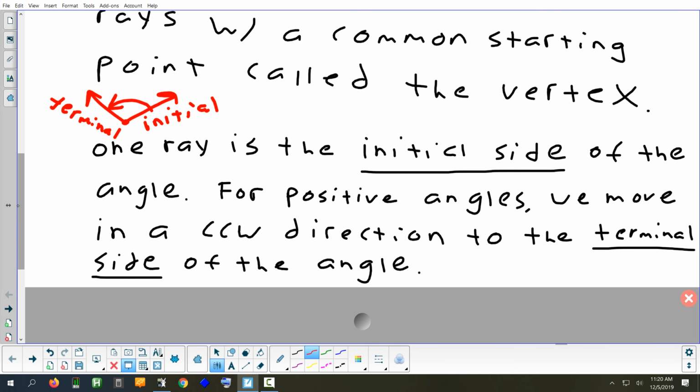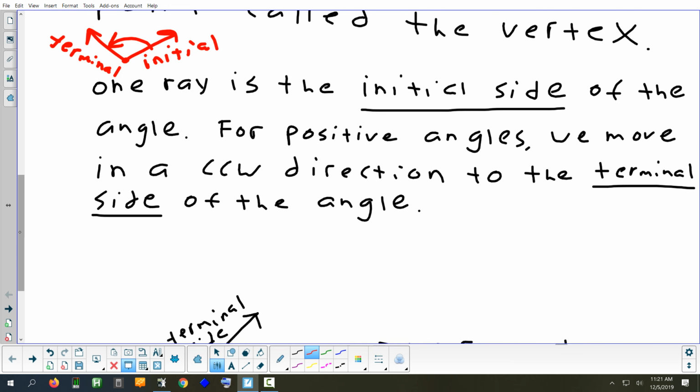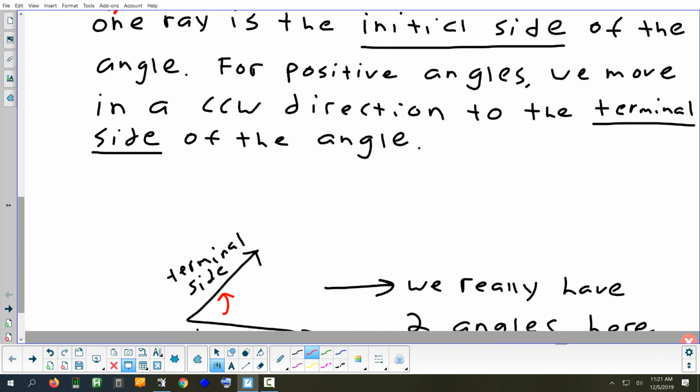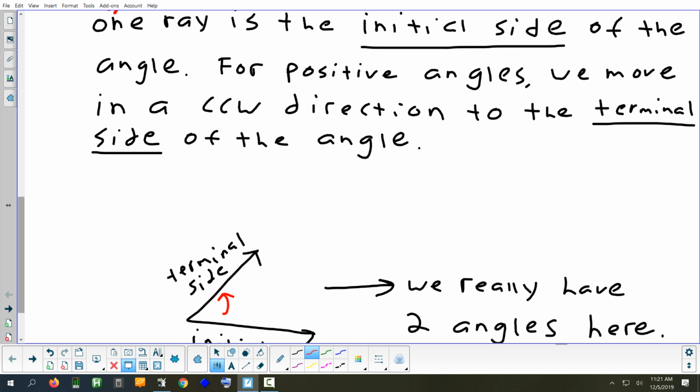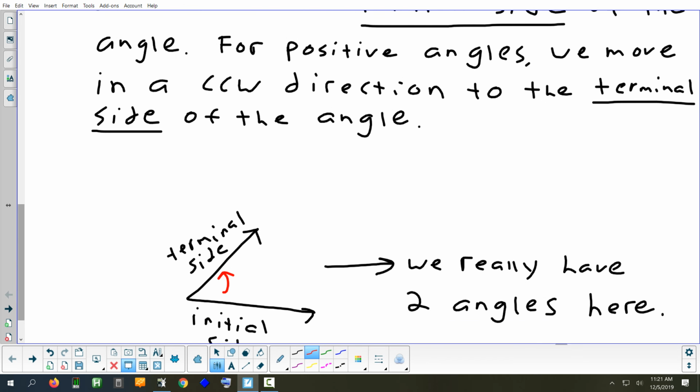So it just gives us a way to talk about each side of the angle. If I say, look at the initial side or look at the terminal side, now you have an idea of which one I want you to look at. Okay, here's another picture with the initial side on the bottom and the terminal side going up into the right.